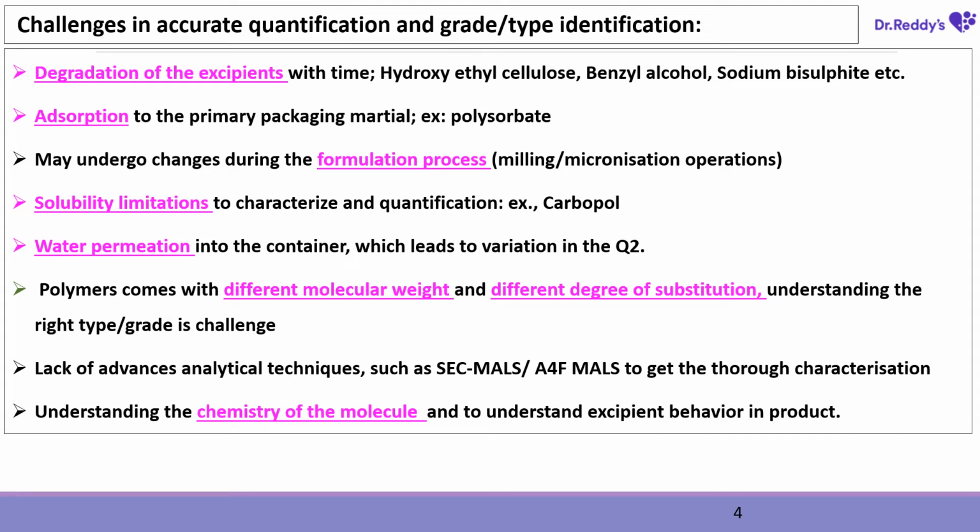Another major challenge to the industry is the lack of advanced analytical techniques such as size exclusion chromatography coupled with the multi-angle laser light scattering detector, or the A4F connected with the MALS, to get thorough characterization of the polymeric excipients. Overall, it is very important to understand the chemistry of the molecule to understand the behavior of the excipient in the product, and also for thorough characterization of the excipient.